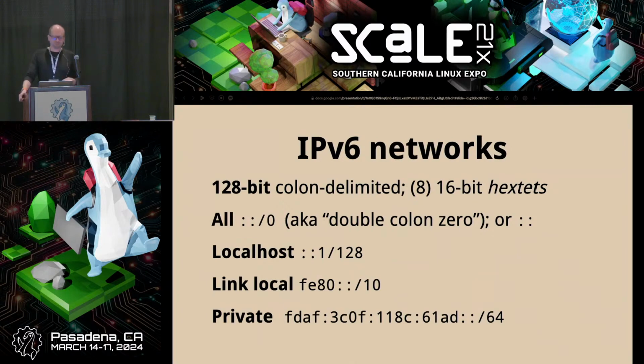What that does is, you'll notice if you've got a Mac laptop especially, they always have v6 enabled by default. If you look at any address on your interfaces on your Mac, you'll see an address that's FDAF:3C0F and so on, because your interfaces will automatically configure themselves with IPv6 addresses. That's another nice thing we won't get into here, but it's part of the magic of v6.